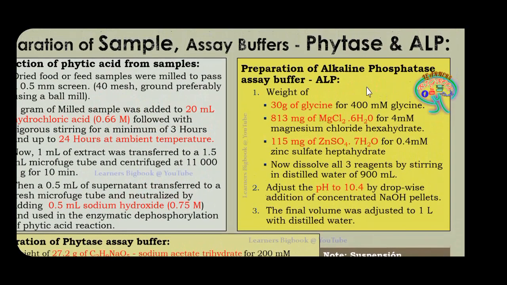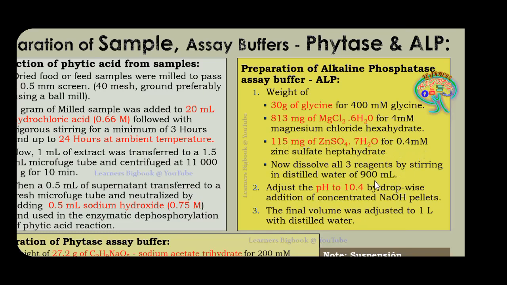Now this alkaline phosphatase assay buffer will be prepared exactly as follows: 30 grams of glycine, which will be 400 millimolar, 13 milligrams of magnesium chloride hexahydrate, 4 millimolar, and 115 milligrams of zinc sulfate heptahydrate, 0.4 millimolar.